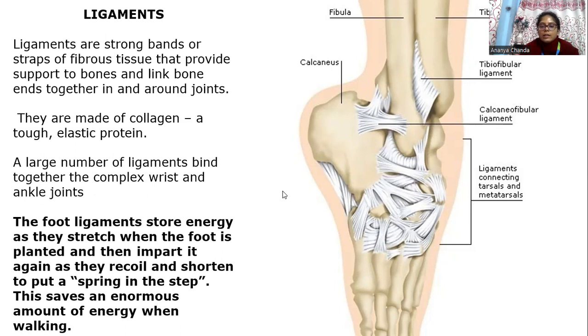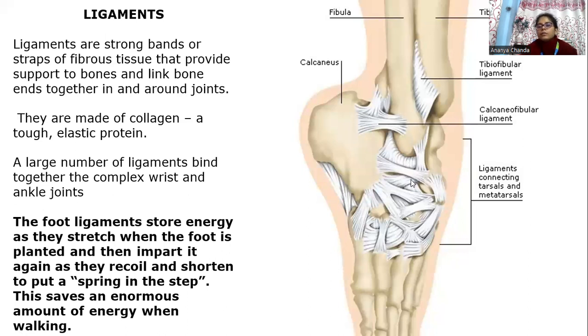Ligaments are strong band-like structures of fibrous tissue which provide support to the bones and link the bones together in and around the joint.